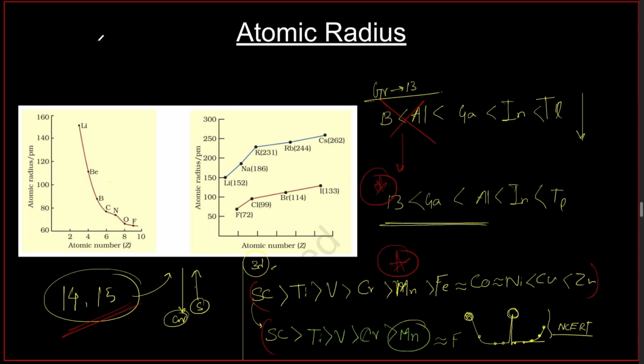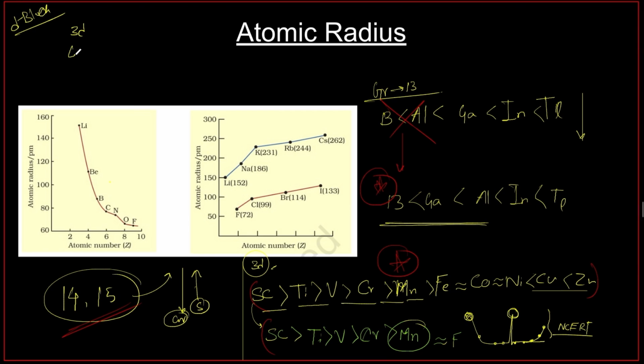And why does this happen? This is happening due to shielding. Okay, these all are good shielders, but when it comes to Zn and Cu, and there is a small subsection of it in the D block. What happened?